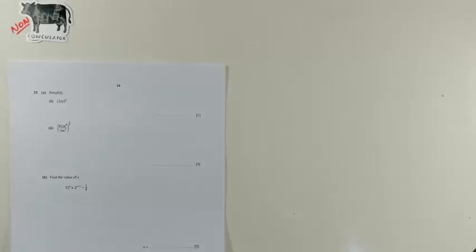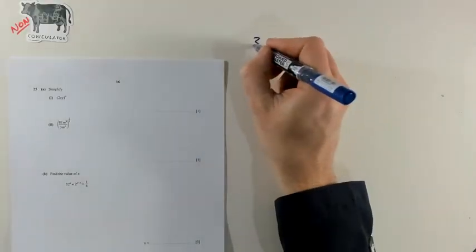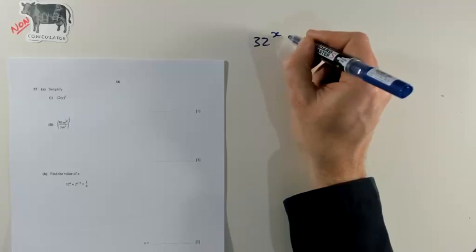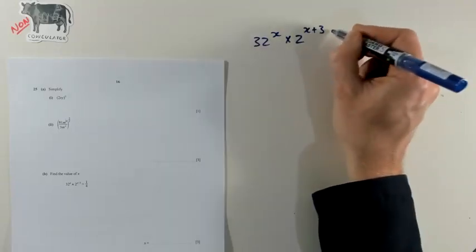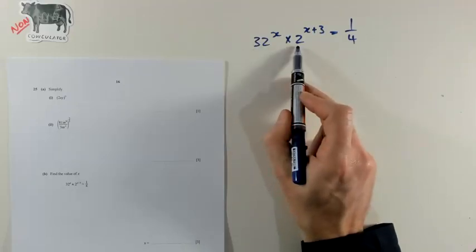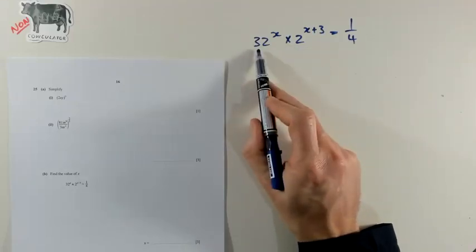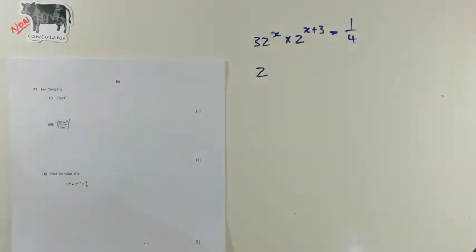Yeah, that one looked a lot worse than it was at the end, didn't it, Wayne? This one looks even worse. So 32 to the power of x times 2 to the power of x plus 3 is 1 over 4. So I kind of see that 2 is a base there, so I should write this as 2. Now I can't remember, is it 2 to the power of 5 or 2 to the power of 6?